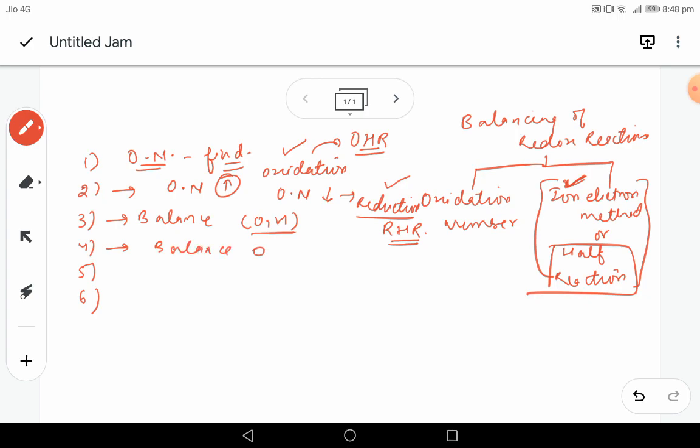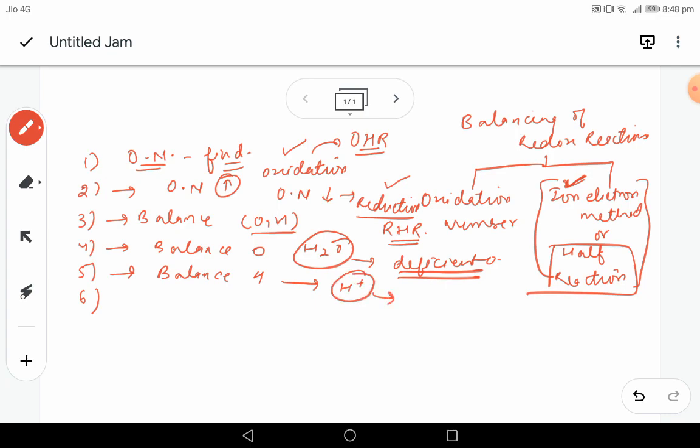There is only one way to balance oxygen: by adding water to the side which is deficient in oxygen. Once we have balanced oxygen, comes the turn to balance hydrogen. And how do we balance hydrogen? By adding H positive ions to the side which is deficient in hydrogen.